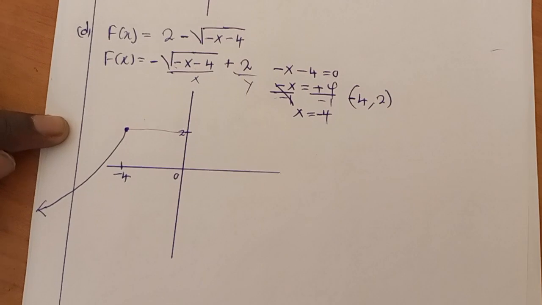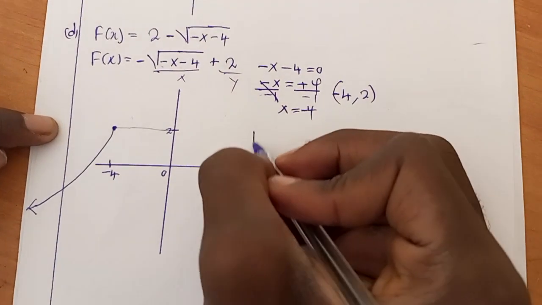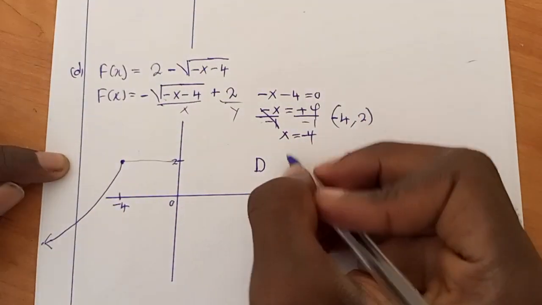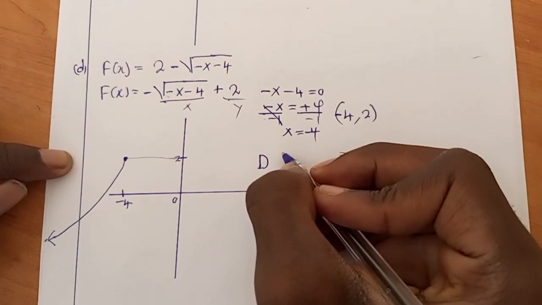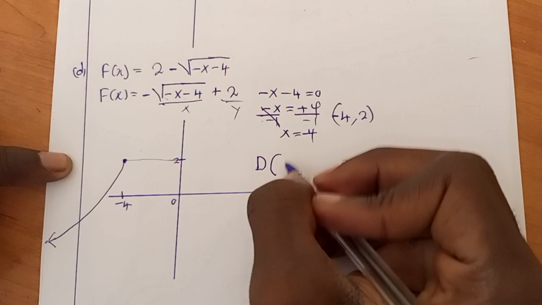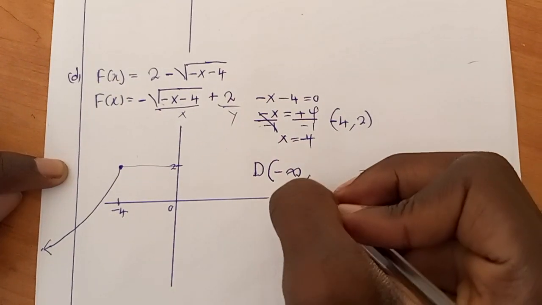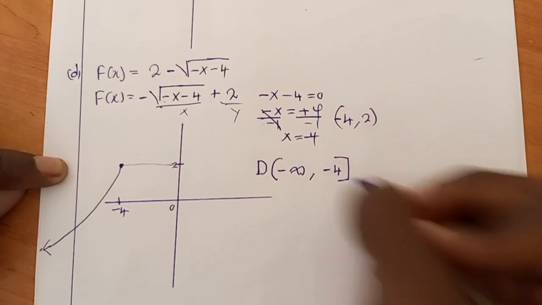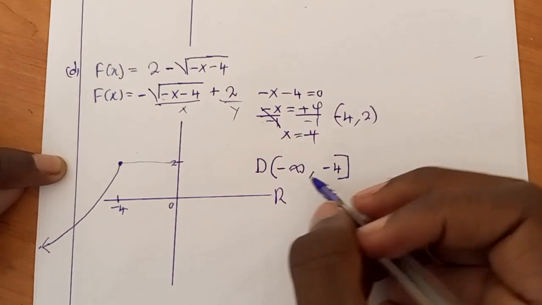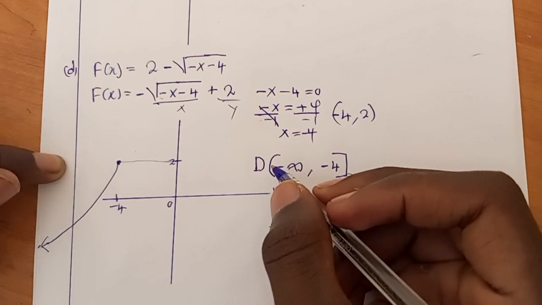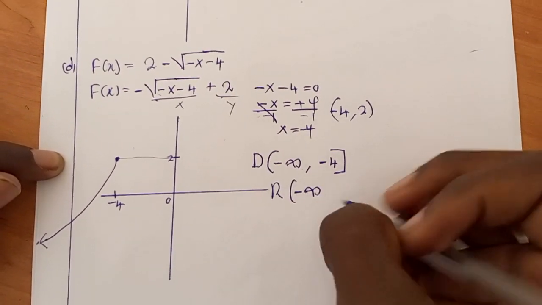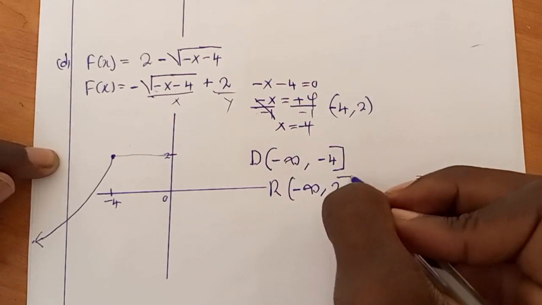Then how do we find the domain? The domain is simply all values in the x. Since it's negative, it's coming from negative infinity to the point where we have negative 4. For the range, it's going from negative infinity to the point where we have 2 included.